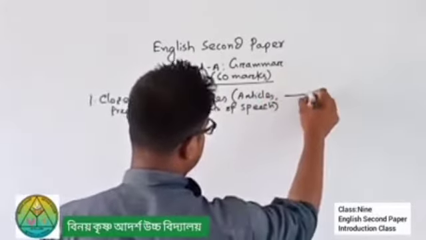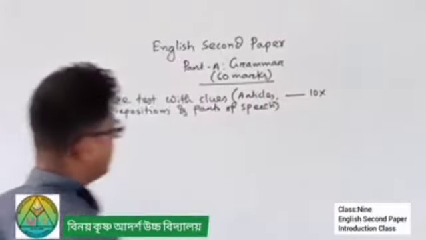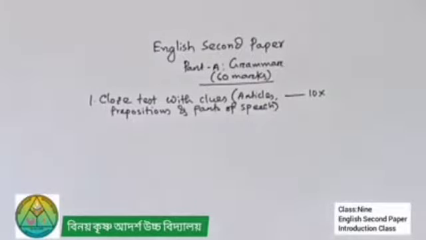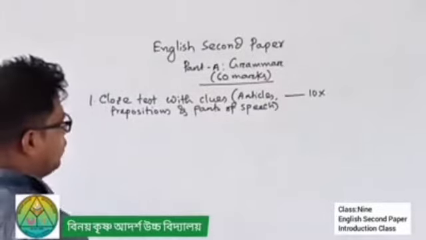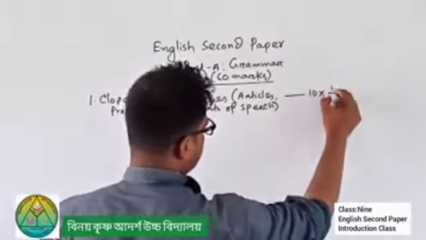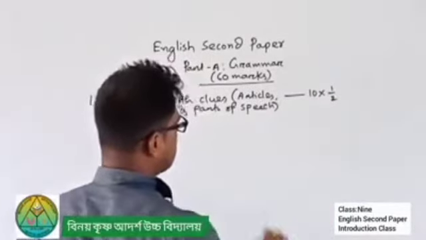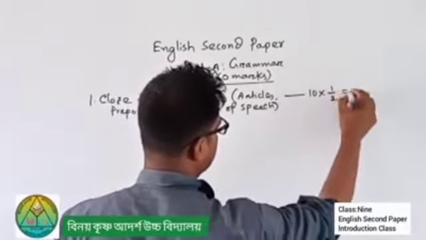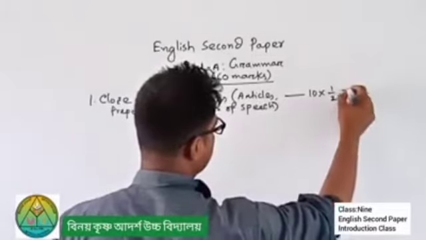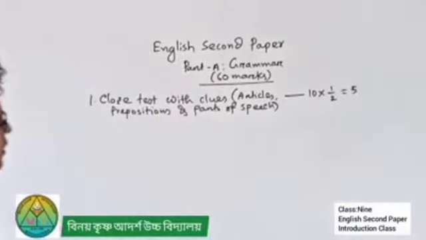You will find 10 gaps with clues. The clues will be in the box. You will find 10 gaps consisting half marks each, and in total you can secure 5 marks if you are correct in all the gaps.